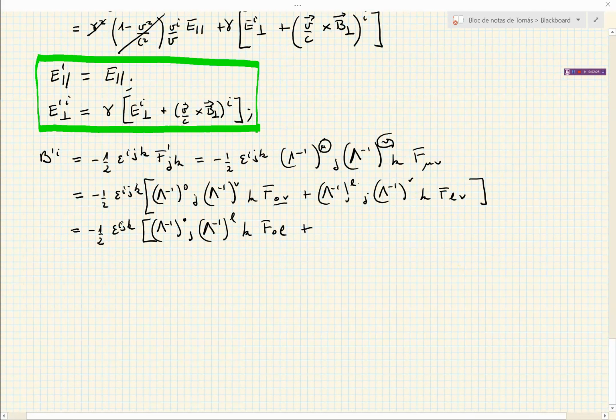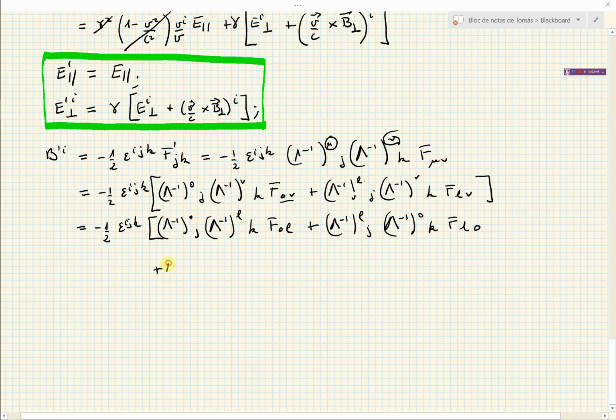First the nu can be 0, so we get lambda minus 1 Lj lambda minus 1 0 k f L0, and then I have another term plus I still have minus lambda minus 1 Lj, and now I need another spatial index, so for instance m, k f L m.